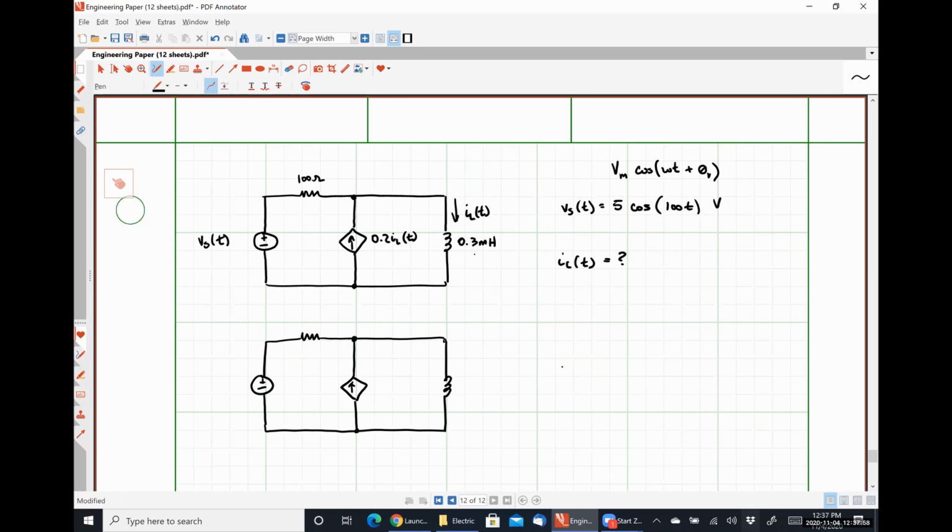Okay. All right. 0.3 times 10 to the minus 3 henries, where a henry is a volt second per amp. And that's just going to give us units of ohms.